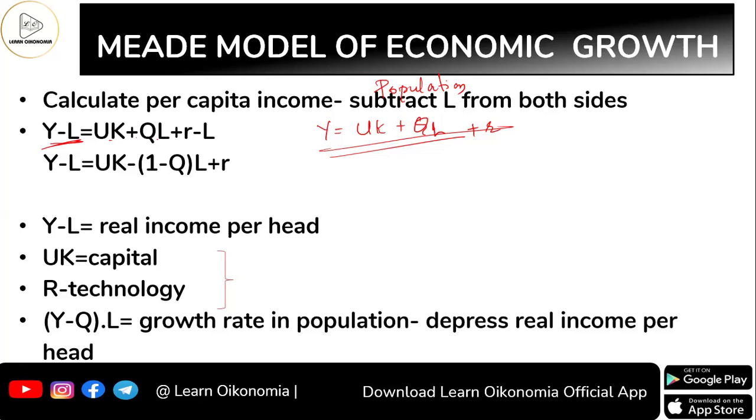Now you can take L as common here and modify the equation again so that it becomes y minus L is equal to UK minus (1 minus Q) times L plus R. Now, this y minus L part shows the real income per head.